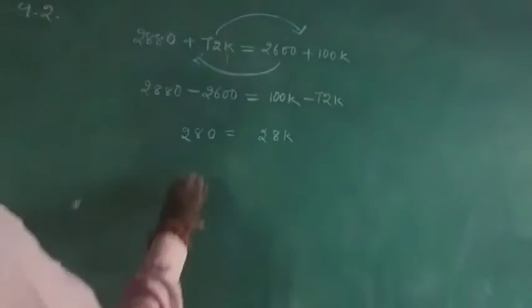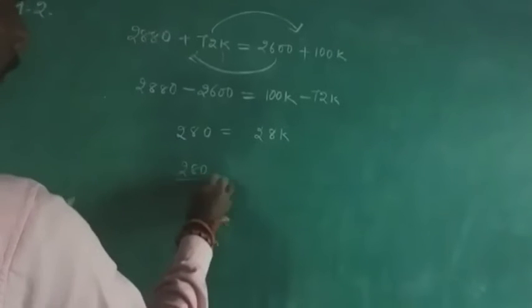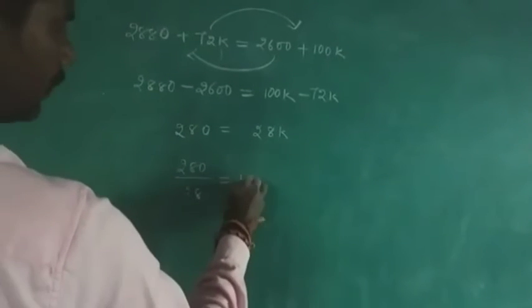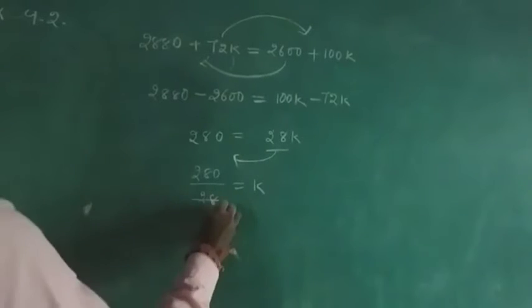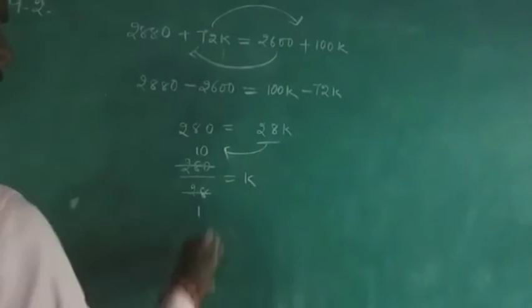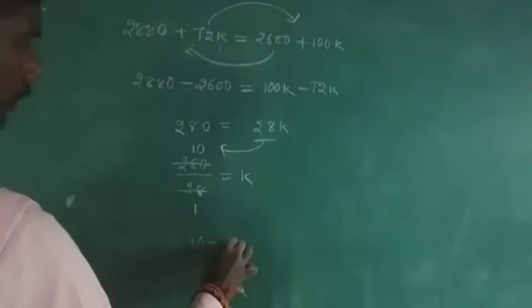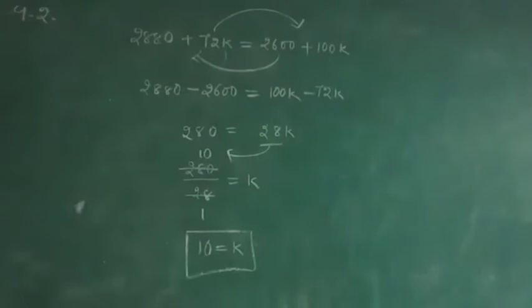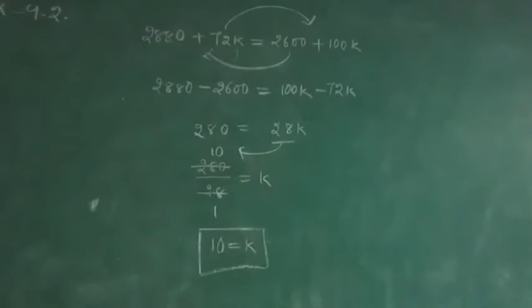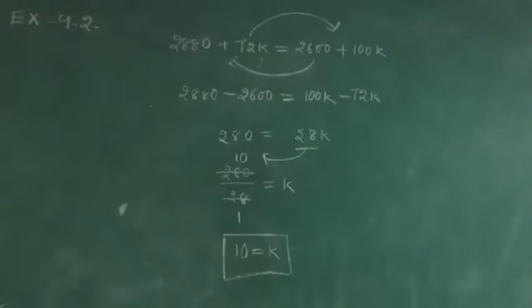Okay. So 280 by 28 is equal to k. This is the transposing. Now division: 28 ones are 28, 28 tens are 280. So 10 is equal to k. What is the answer of k? It is 10.